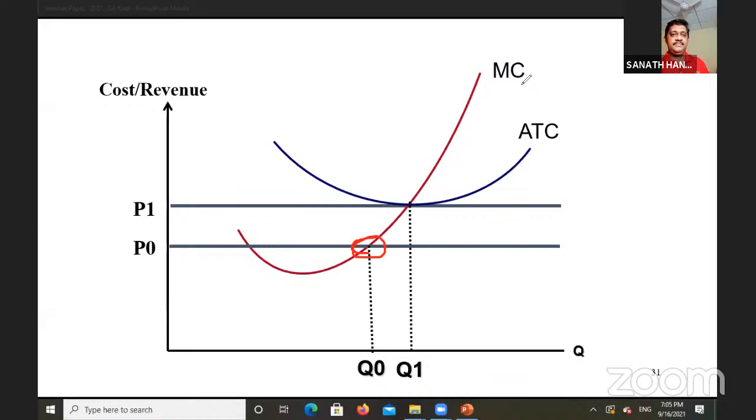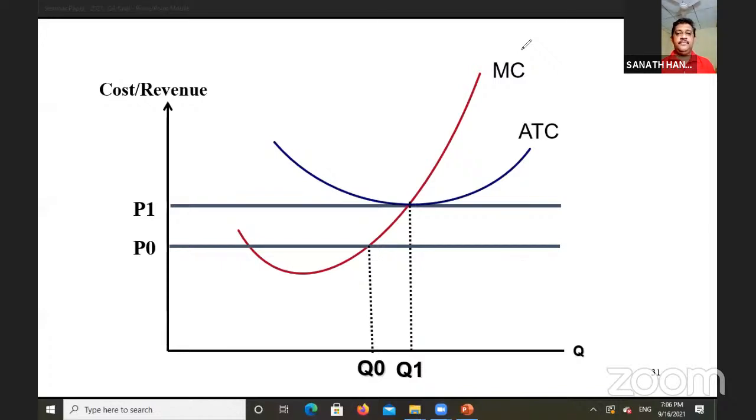Now you can see, at this output level, cost is not minimized.